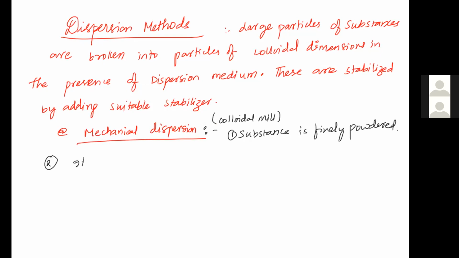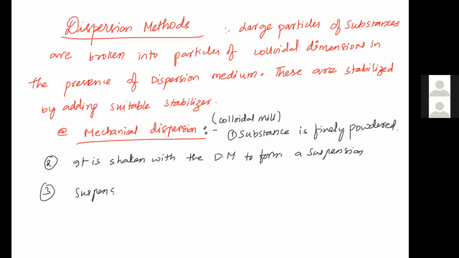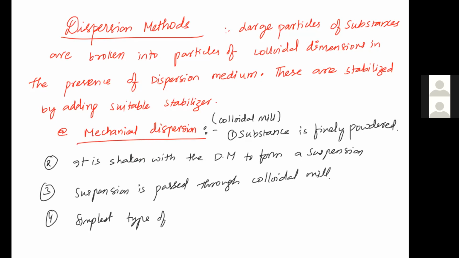Second, you put it in the dispersion medium and shake it to form a suspension. Next, the suspension is passed through the colloidal mill. The simplest type of colloidal mill is the disc mill.